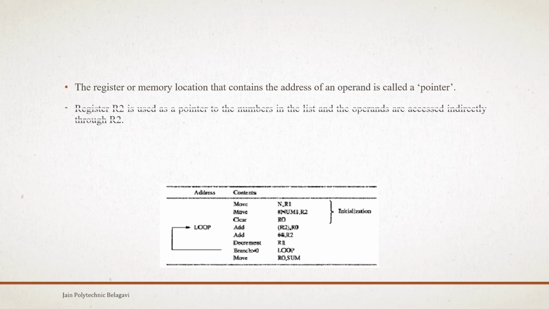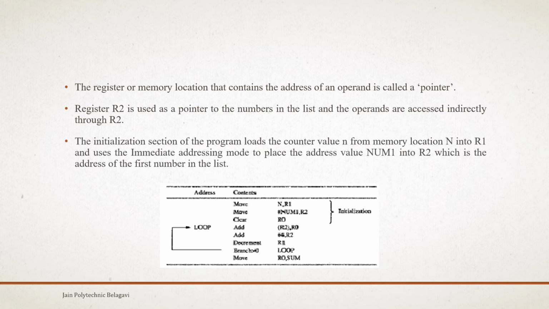So when you take an example, here you are seeing the addition of n numbers. Register R2, as you can see here, is used as a pointer to the numbers in the list, and the operands are accessed indirectly through R2.